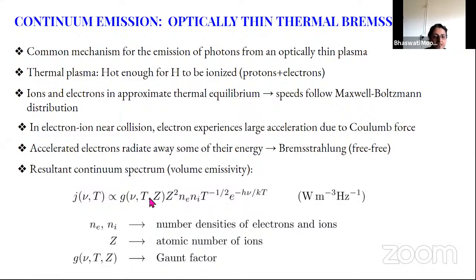This Gaunt factor arises because electrons and protons are very small particles, and the derivation is often done using classical approximations. This is also a standard way of treating quantum systems: you solve the classical problem, and then you see what kind of corrections are needed if you had considered the system to be quantum, and that is expressed in terms of the Gaunt factor.